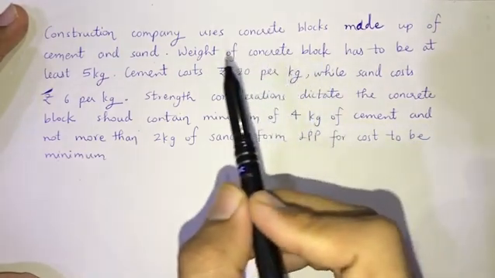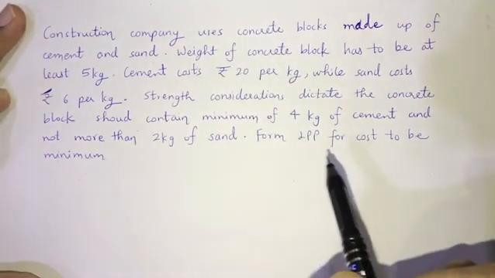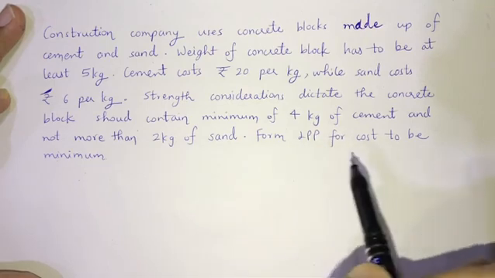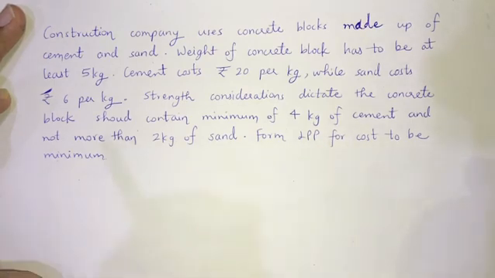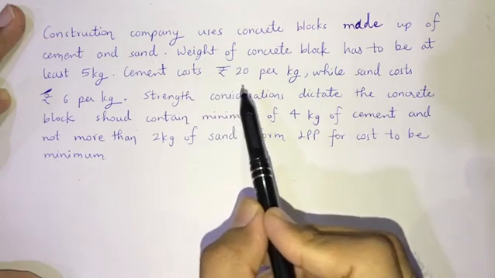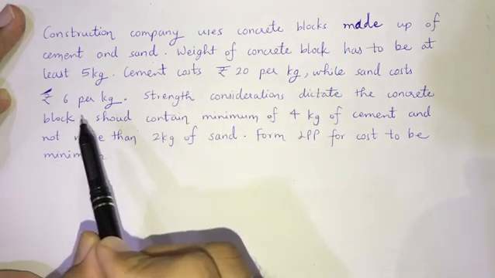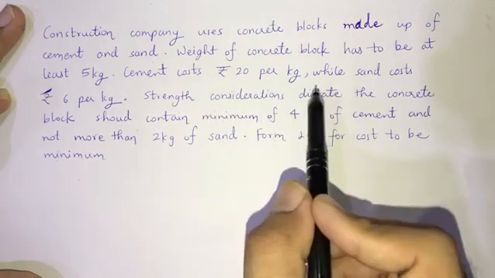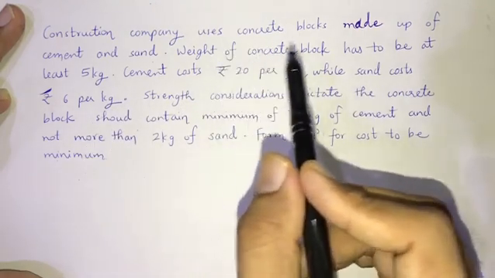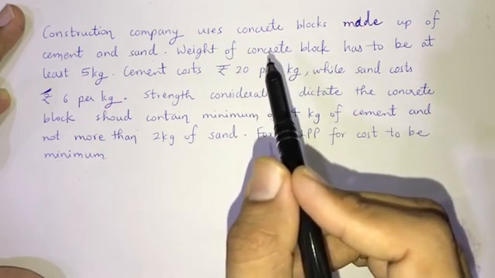Now, the important part here is that we have to minimize the cost. Form the LPP for the cost to be minimum. So the second thought in your mind should be: what does cost depend on? Cost depends on the cost of cement, which is rupees 20 per kg, while sand is rupees 6 per kg. So cost depends on the cost of cement and the cost of sand, that is, the cost of the components we are going to use to make the concrete blocks.